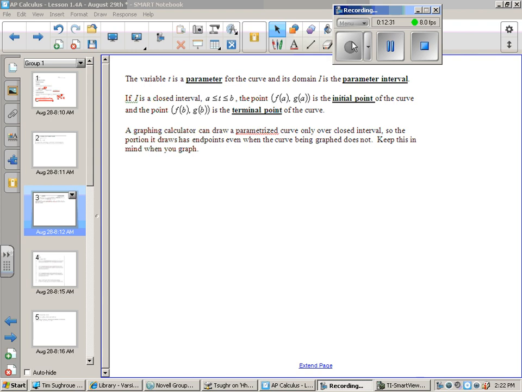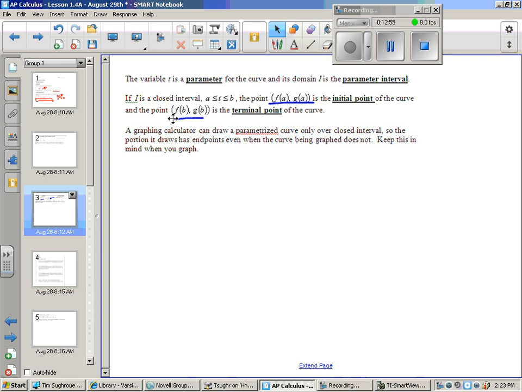You simply plug in the smallest time value into the x-coordinate and the y-coordinate to get the initial point. Likewise, you simply plug in the largest time value into the x-coordinate and the y-coordinate to get the terminal point. Okay, it won't be hard, it'll be very easy.